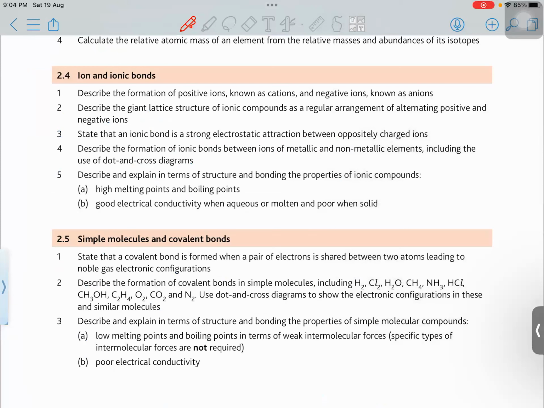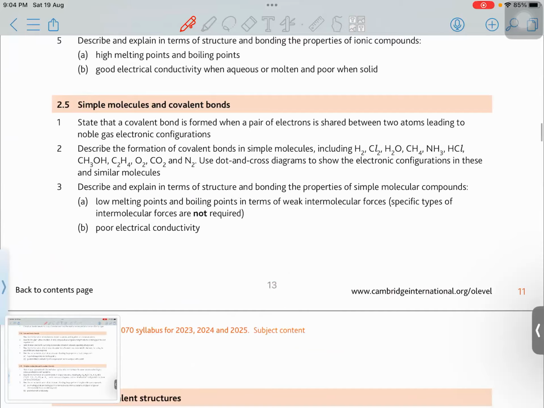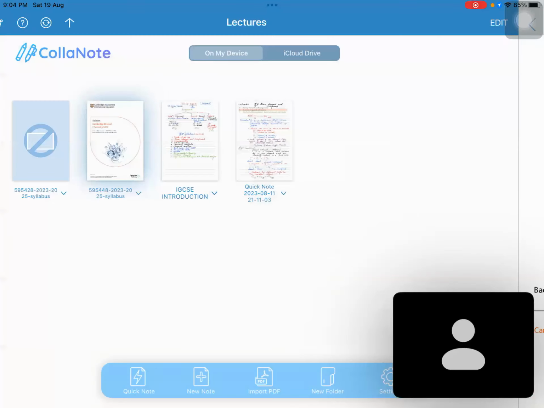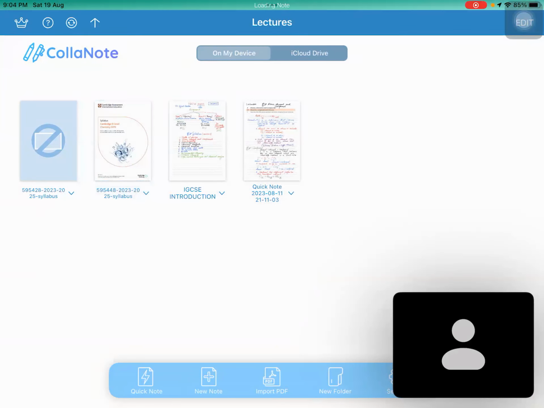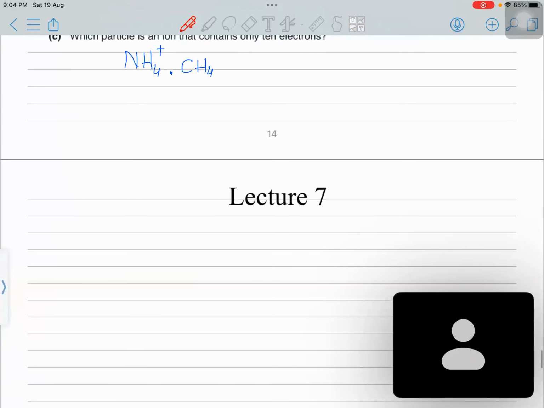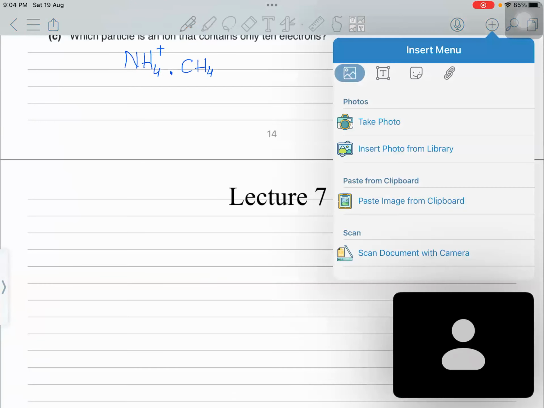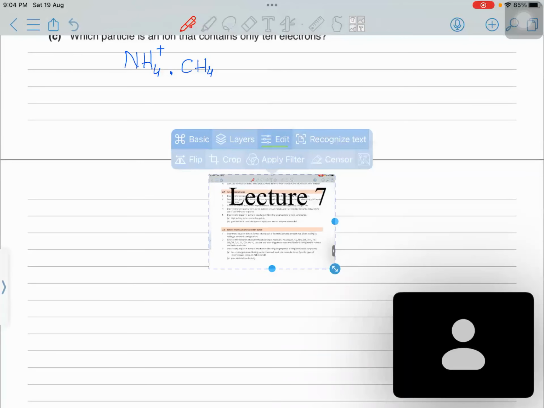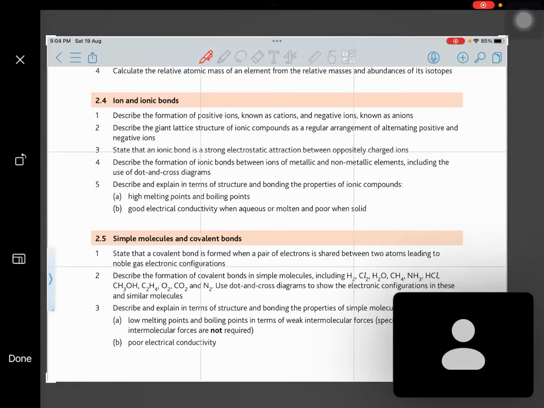Ionic bond is our topic. Is this 2.3 or 2.5, I think so. Let's check. Sir, it's 2.4. Yes, beta, 2.4.